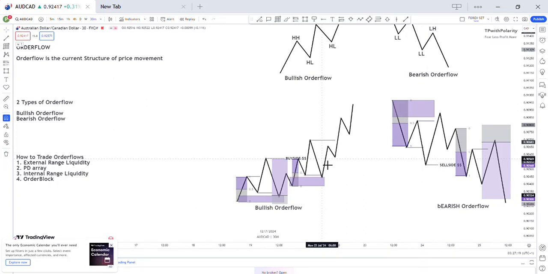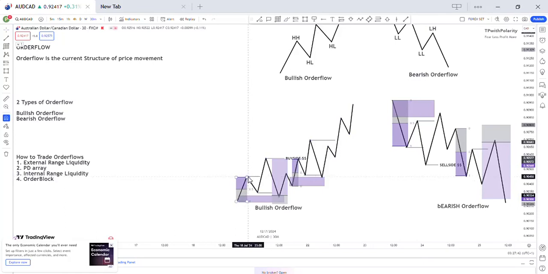The first thing you want to look out for is the external range liquidity. Which liquidity gets taken out? Under the external range liquidity, we have the buy side liquidity and the sell side liquidity. Let me show you an example. A buy side liquidity is an old high.